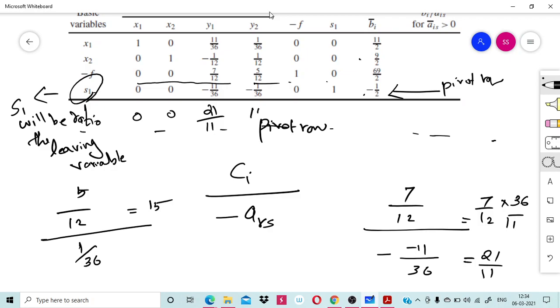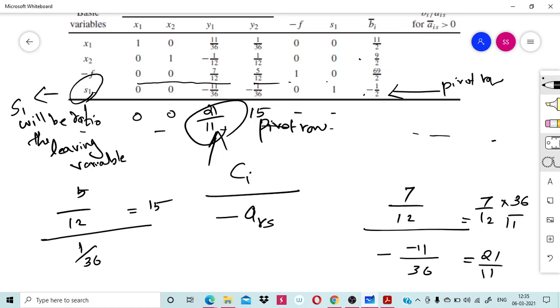The last column is not defined. For the entering variable you have to consider only the positive values, and from that select the minimum value. So the minimum of 21 by 11 and 15 is nothing but 21 by 11. So y1 will be our entering variable.